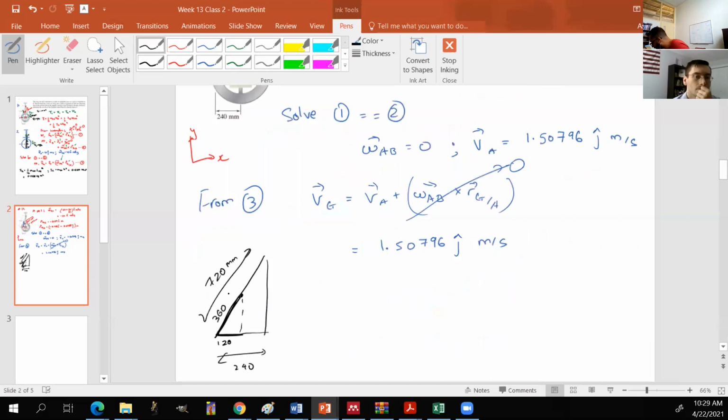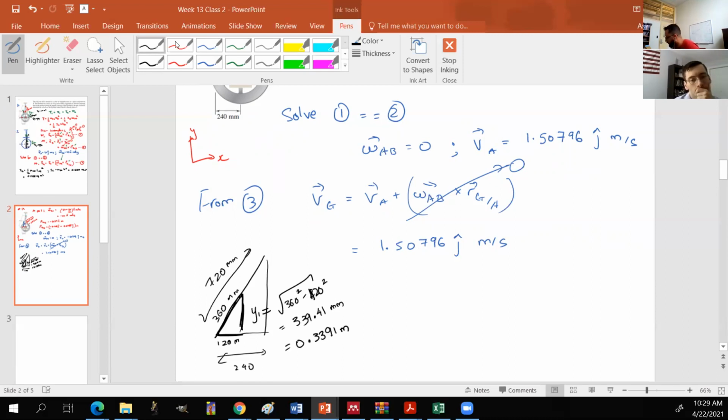This is all in millimeters. So y1 is just going to equal the square root of 360 squared minus 120 squared, and that comes out to be 339.41 millimeters. Because we want everything in meters, that's 0.33941 meters.